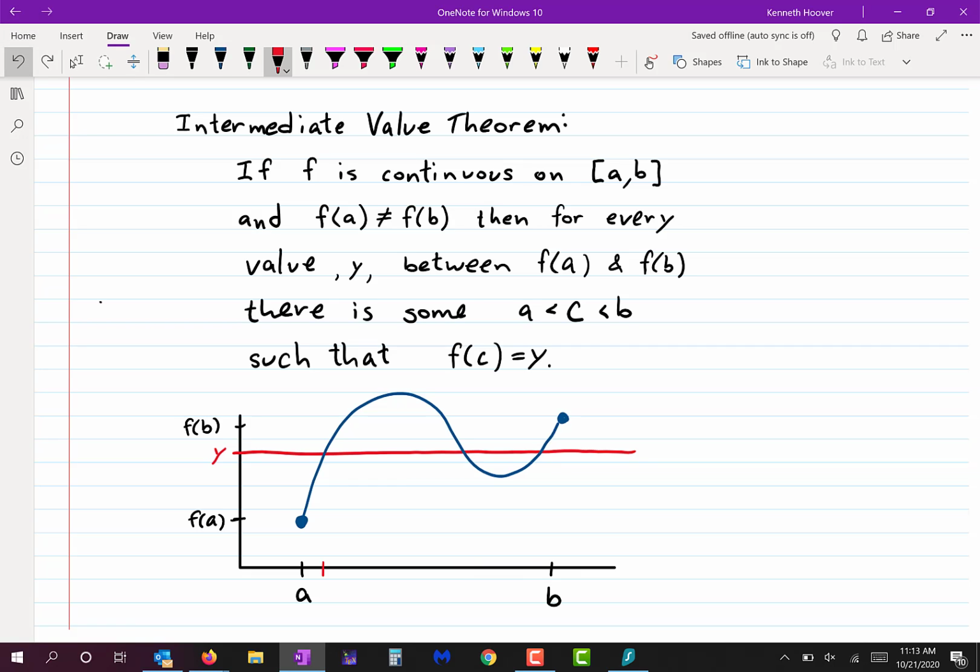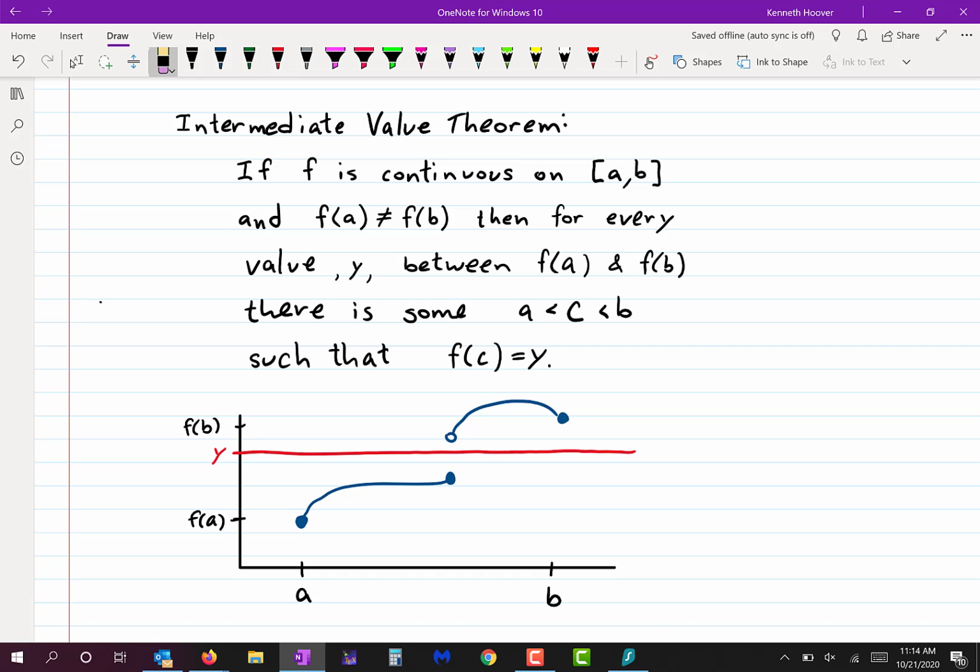If the graph was not continuous, then there might not be such a c, because you might have, for instance, a jump discontinuity. And then there is no place where the graph crosses the red line. So there is no number here that I could plug into the function to get this as the output.